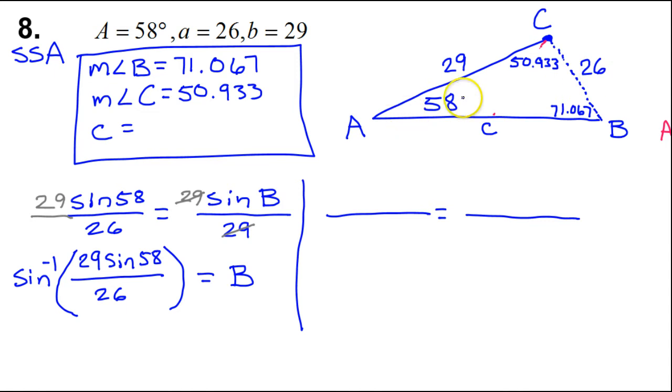So looking at the same pair that I have from the beginning, the angle A and side A, but this time I'm going to put the 26, I'm going to put the side in the top, and I'm going to put the sine of 58 in the bottom. So I can put side C in the top over the sine of angle C in the bottom.